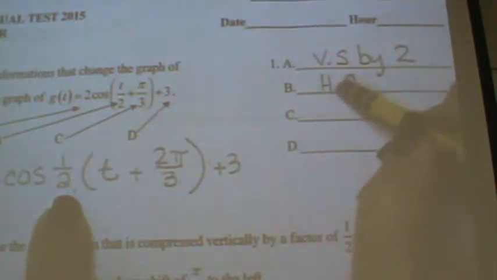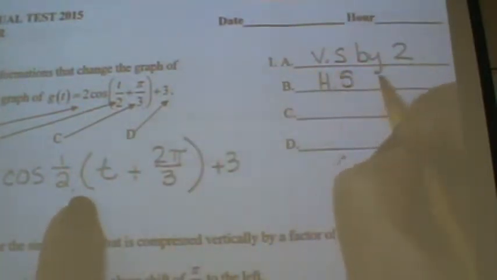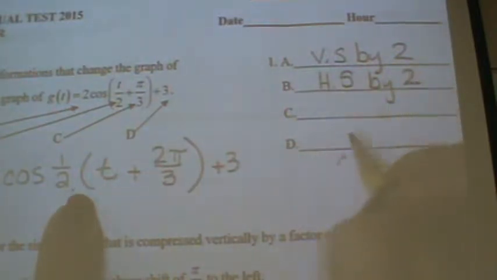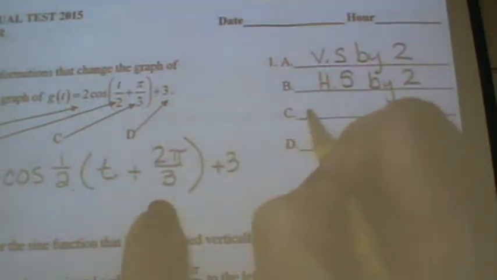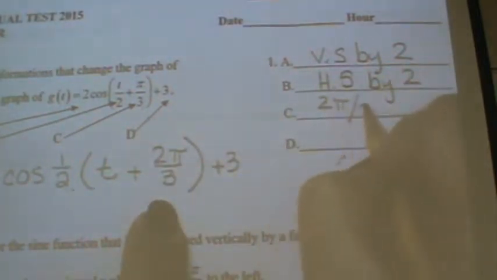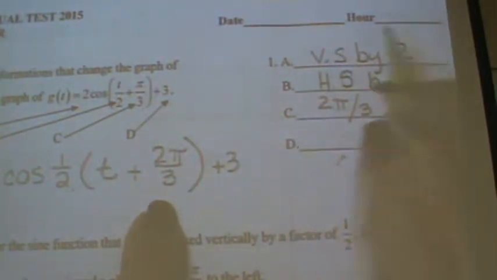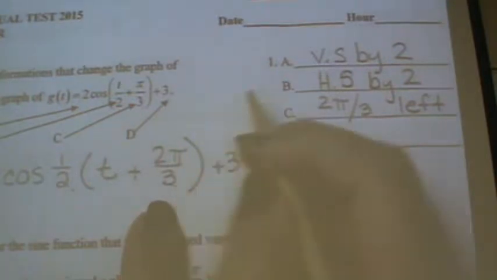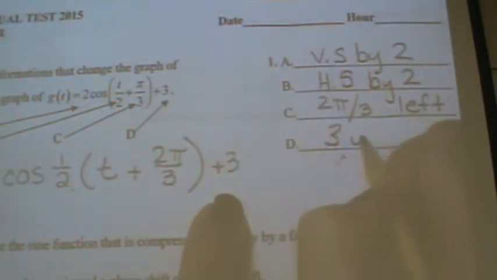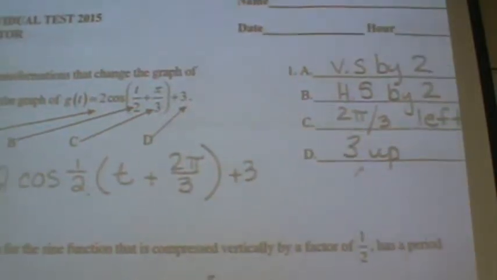The 1/2 is going to be a horizontal stretch, because you flip that 1/2 and it's going to be a 2. Horizontal stretch by 2. And then 2 pi over 3 to the left. Why left? Because it's the opposite of this number. And 3 up. Question.